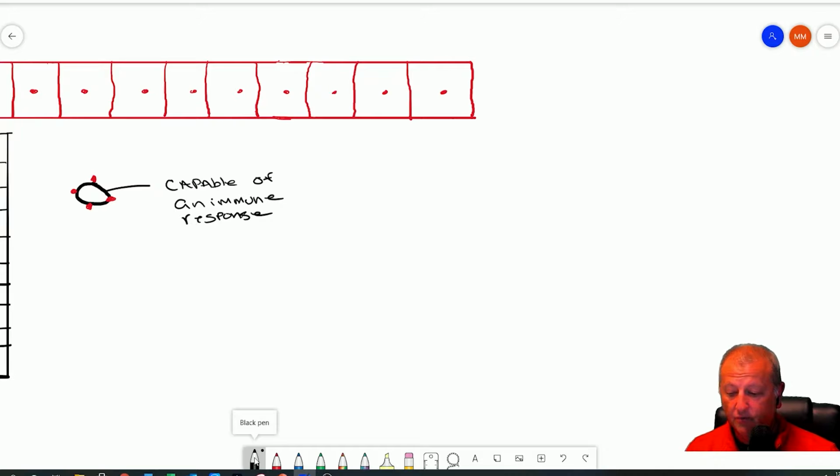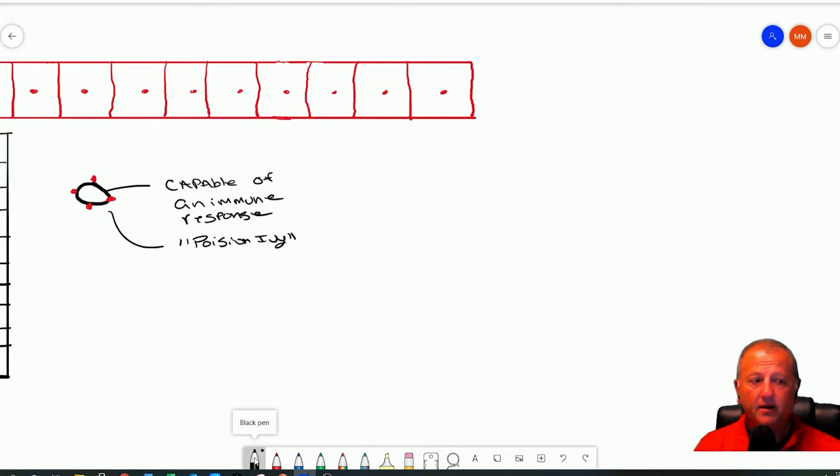And it has to be reactive. And what I mean by that is this. Let's look at poison ivy. Poison ivy by itself is not a pathogen. It's a plant, right? But when you touch it, it mixes with proteins in your skin, and it's that combination that causes a pathogen.